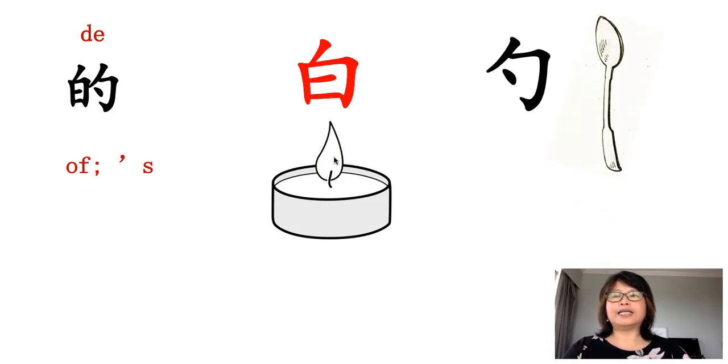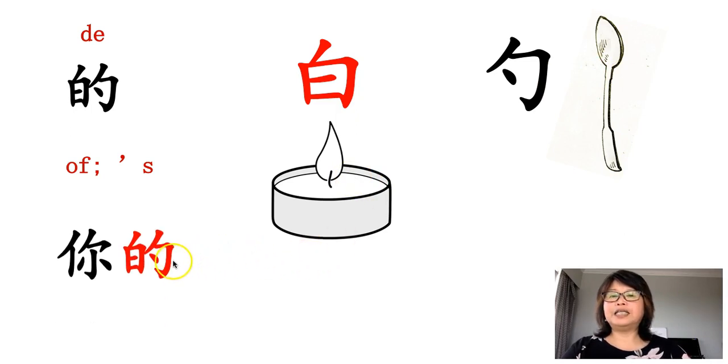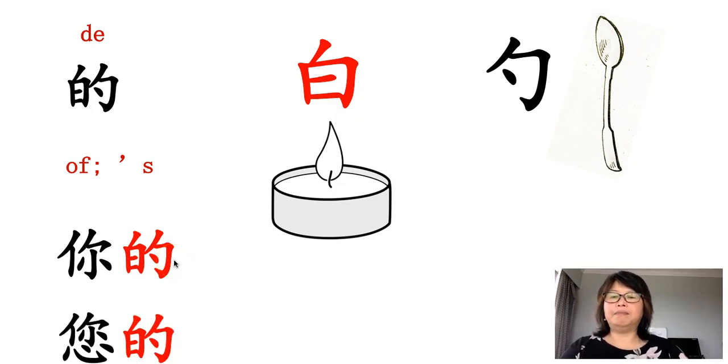On the right hand side is like a spoon, so at night we need the light to get mom's soup. For example, 你的妈妈, your mom, 您的妈妈, your mom as well, but 您 here is the respectful form.